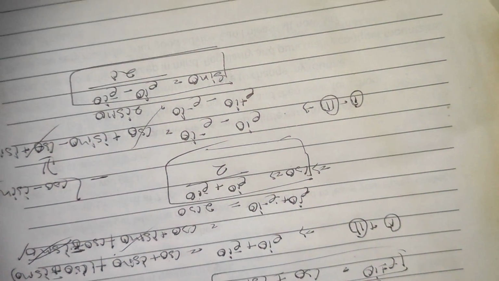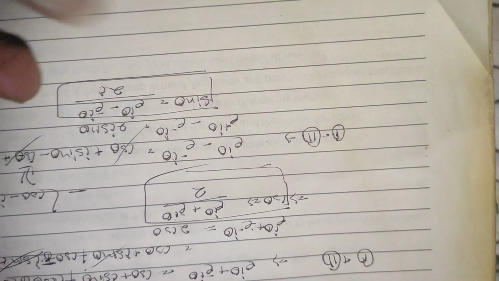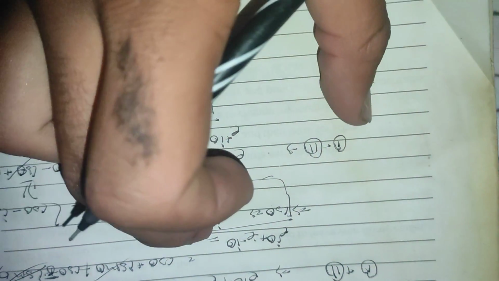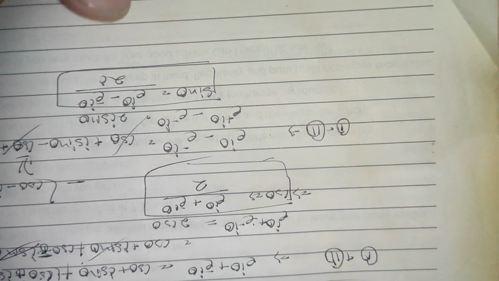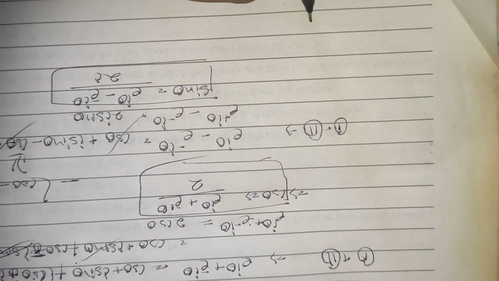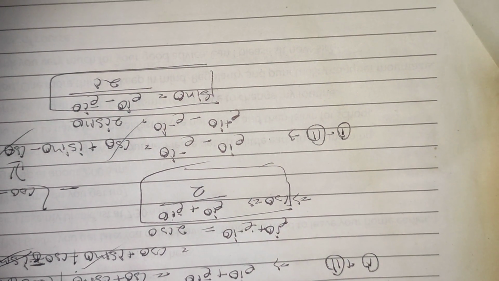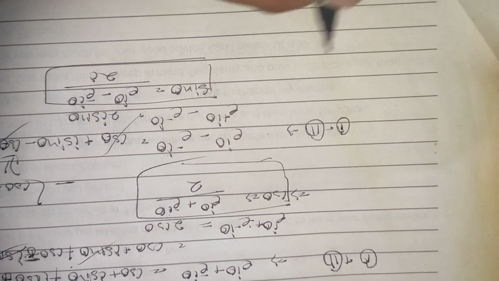This is the sin and cos, and from these we will get the other trigonometric forms like tan, sec, cosec and cot.